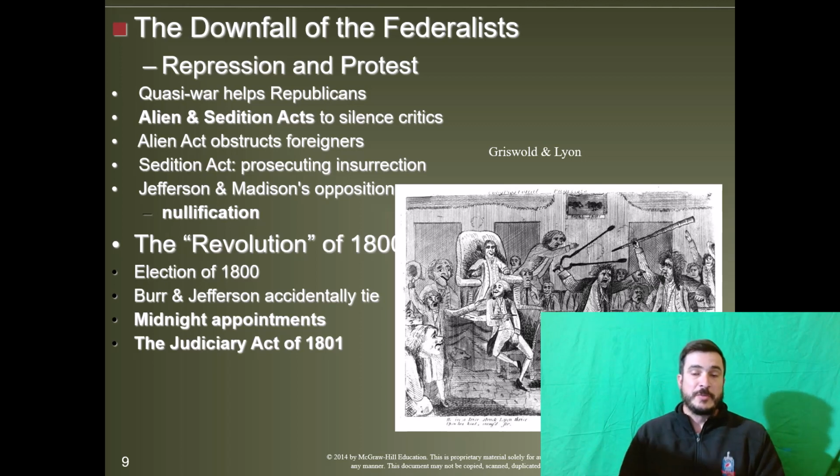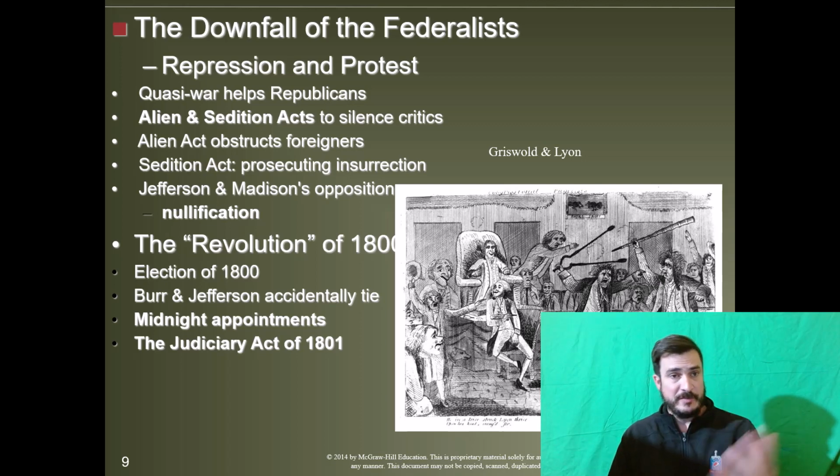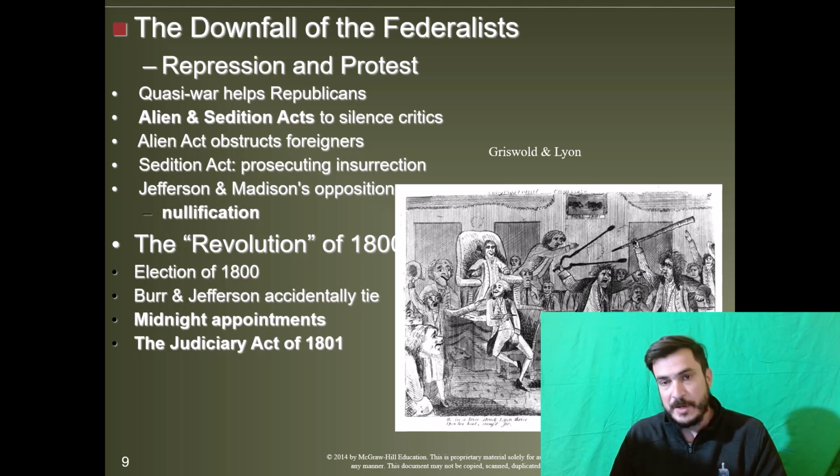So, again, in retrospect, the 1790s were a period of tremendous social and political discord in the United States, a time of great uncertainty as the United States navigates the very tumultuous waters of international conflict with the British and the French.